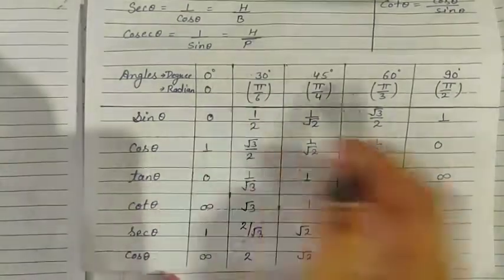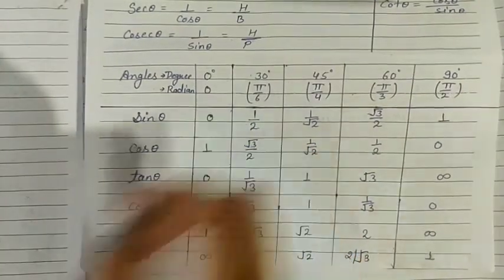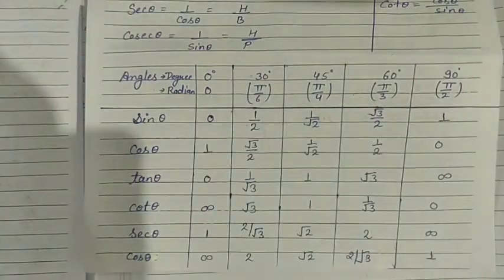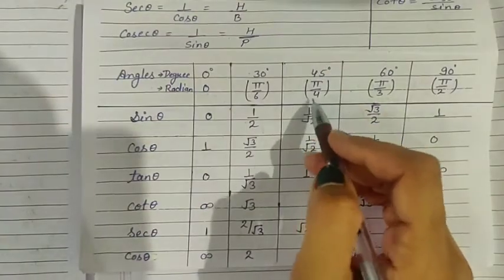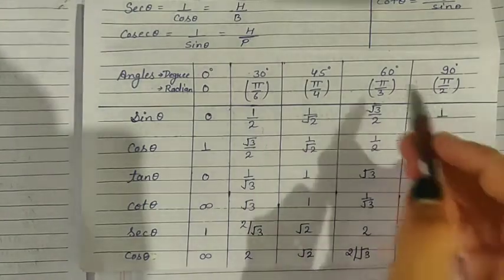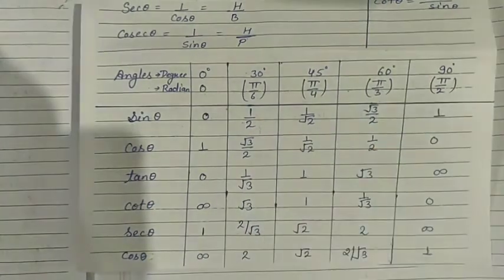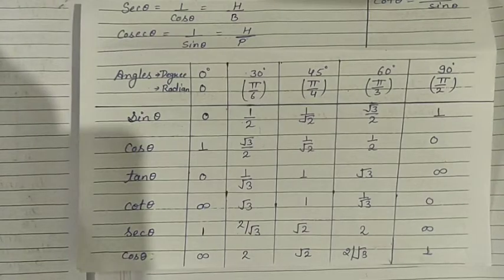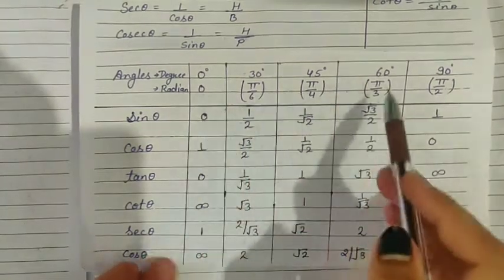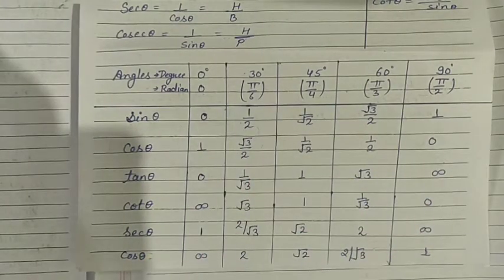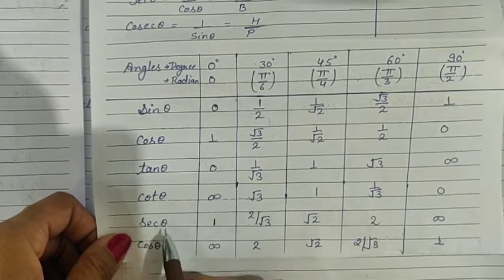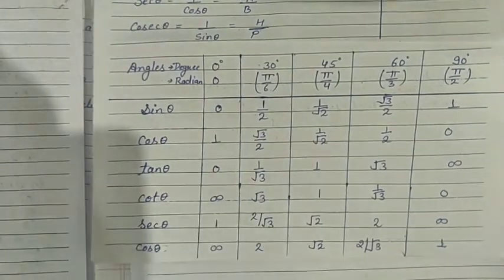And the values of these degrees in radian are: 0 degree is equal to 0, 30 degree is equal to pi upon 6, 45 degree is equal to pi upon 4, 60 degree is equal to pi upon 3, and 90 degree equals pi upon 2. Okay, we did this. Then how can we convert degree into radian? Okay, now these are the 6 ratios: sin theta, cos theta, tan theta, cot theta, sec theta, cosec theta.